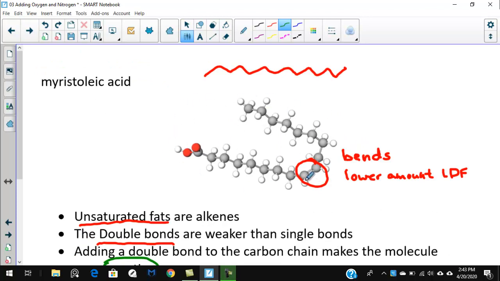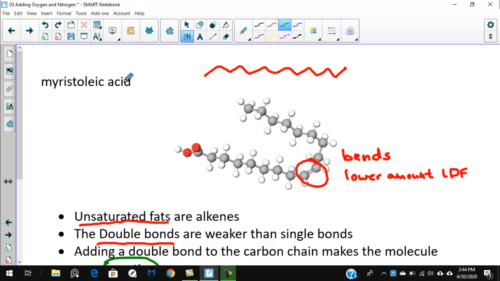So just by changing that one little bond, all of those properties of these two fatty acids change. But in general, you can say that about any alkane versus any alkene. The double bond is more than likely going to give it a lower melting point and a lower boiling point, because it can't make attractions between itself and other molecules.